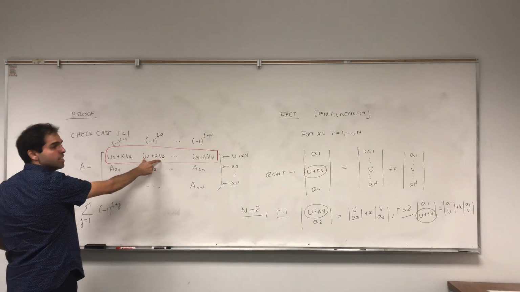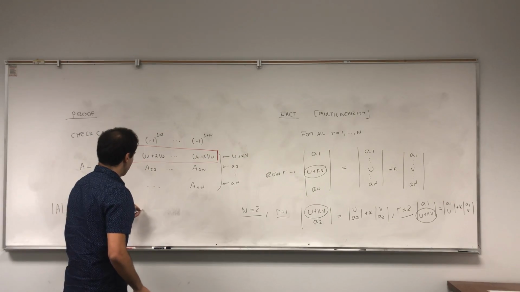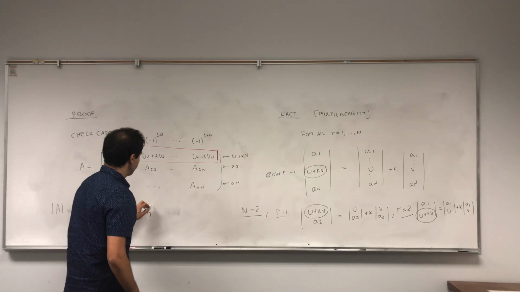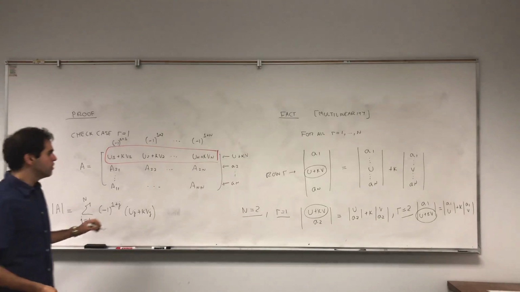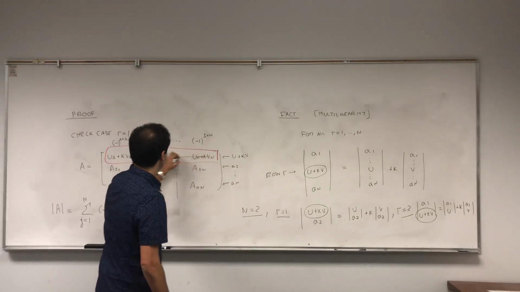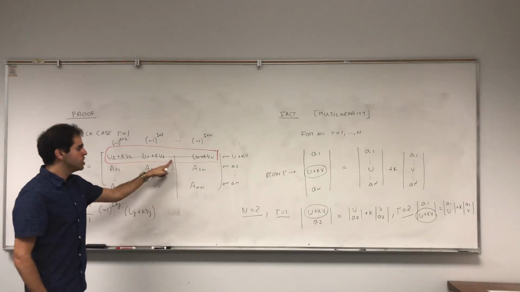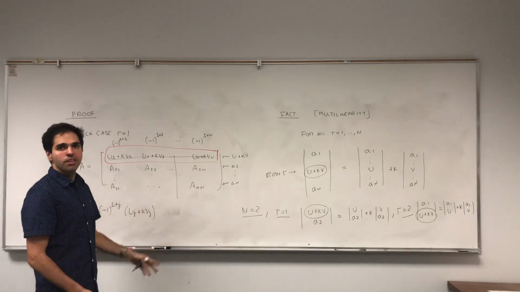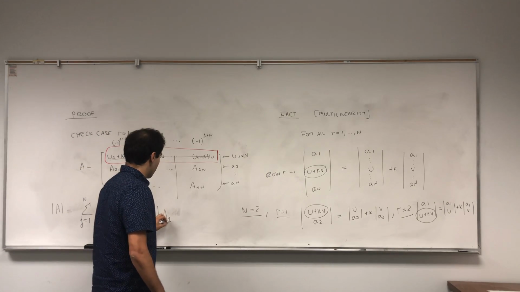Then you want to take the jth entry, which here is uj plus k vj, and then the determinant of the rest, which you usually write, if this is a1j, as the determinant of what's called a1j squiggle.